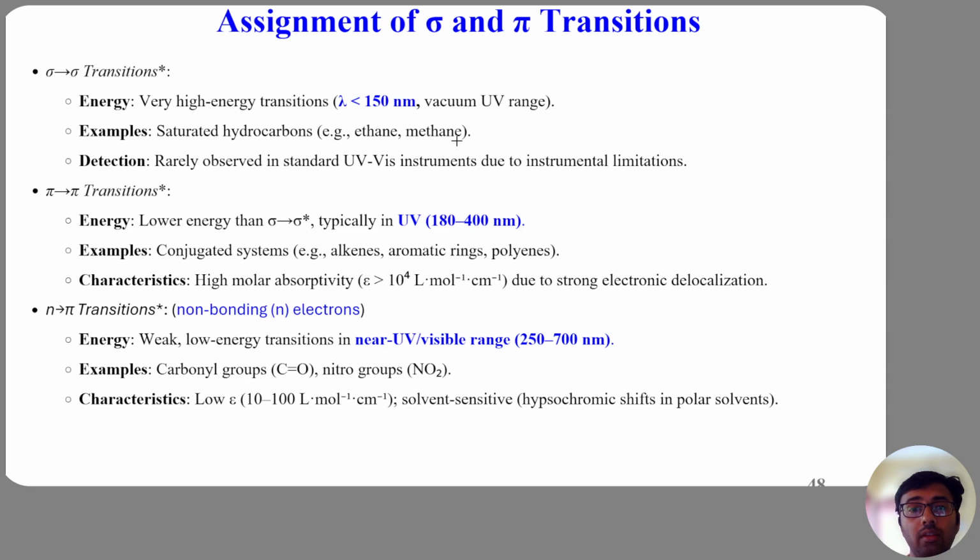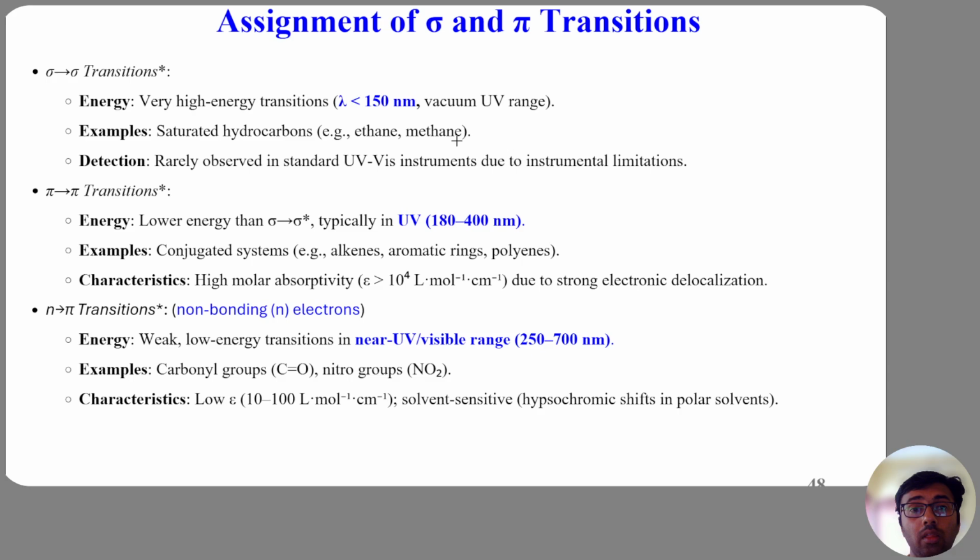Therefore, these transitions occur below 150 nanometers, deep in the vacuum ultraviolet region. They are typical of saturated hydrocarbons like methane or ethane. However, atmospheric oxygen absorbs strongly in this region. Because of this limitation, sigma to sigma star transitions are rarely observed in standard instruments.